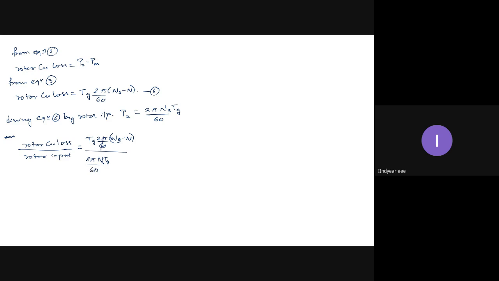So 2 pi by 60 and Tg cancel out. What remains is ns minus n divided by ns, which is equal to slip.